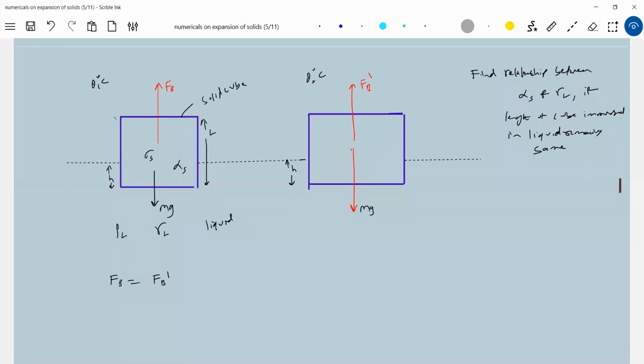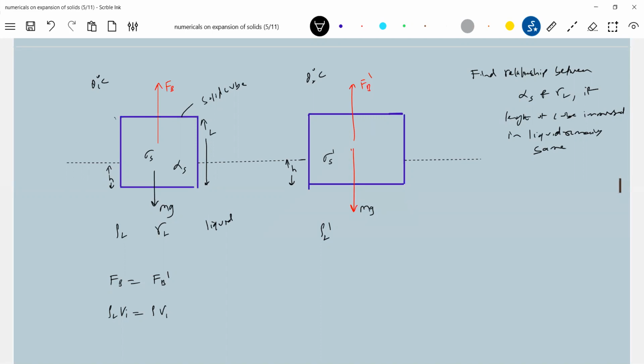Okay, let's get into it. Any formulas can we write? Density of liquid times volume immersed should be equal to the new density of liquid times the new volume immersed, Vi dash. The density of solid will change too, let it be, we are not bothered.